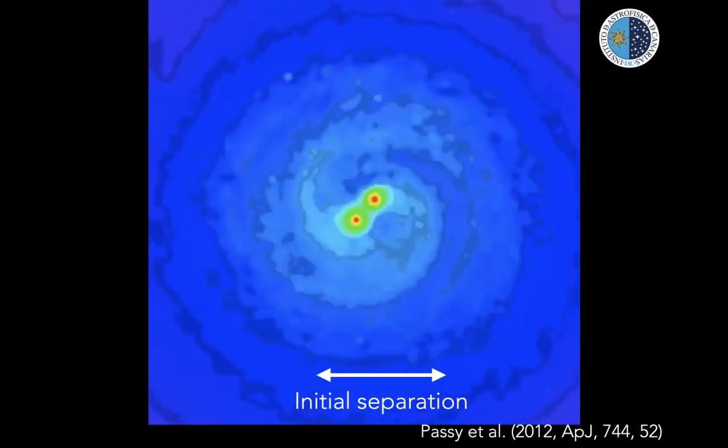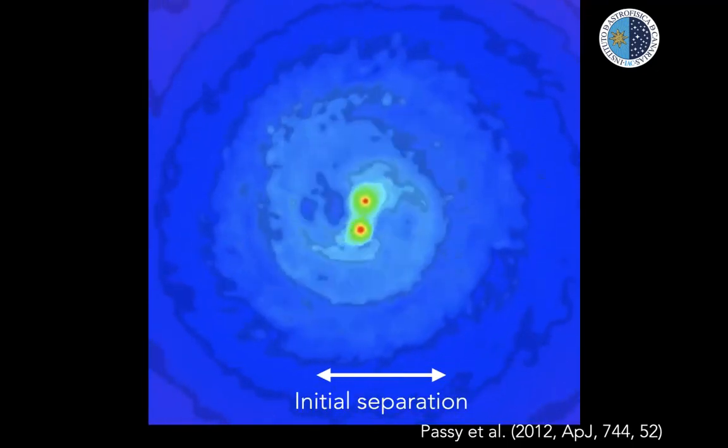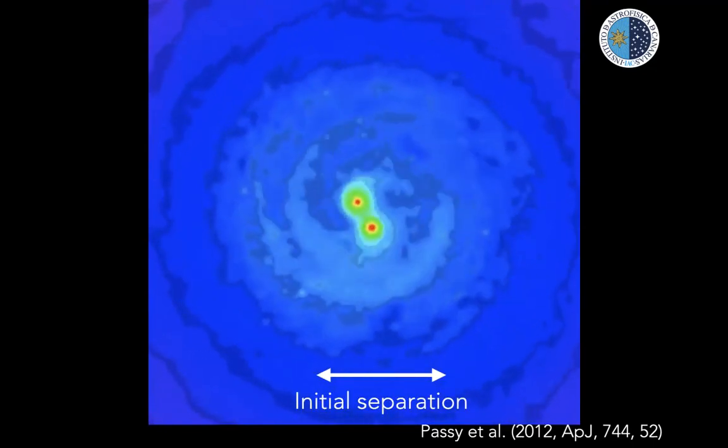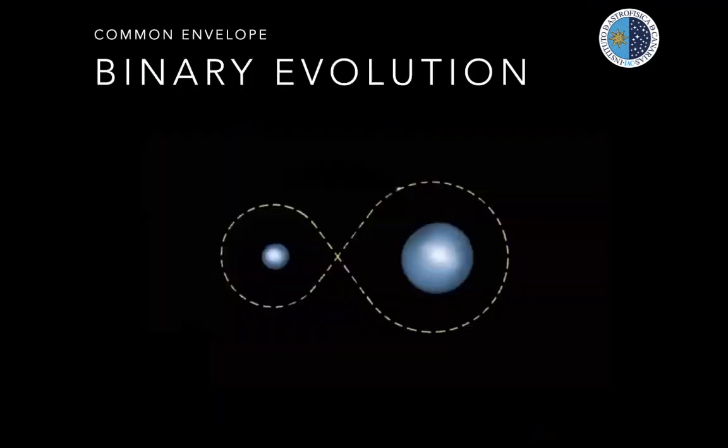Yes, so there are ways to explain that. I've given you a simple explanation of the common envelope, in that it only happens once, right? The mass transfer is runaway and everything happens in one go. There is a sister theory, known as the grazing envelope, whereby you never plunge into a full common envelope.